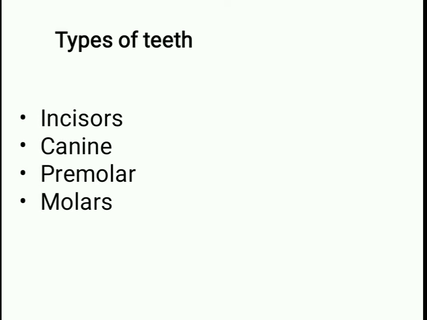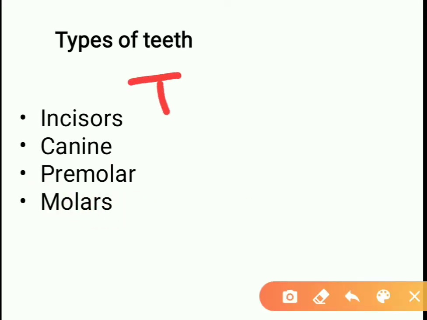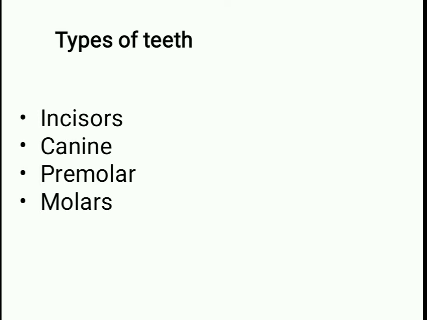There are 4 types of teeth present in our oral cavity, including incisors, canines, premolars and molars. In total we have 32 teeth, including the wisdom teeth, which erupt after 18 years of age, after puberty.